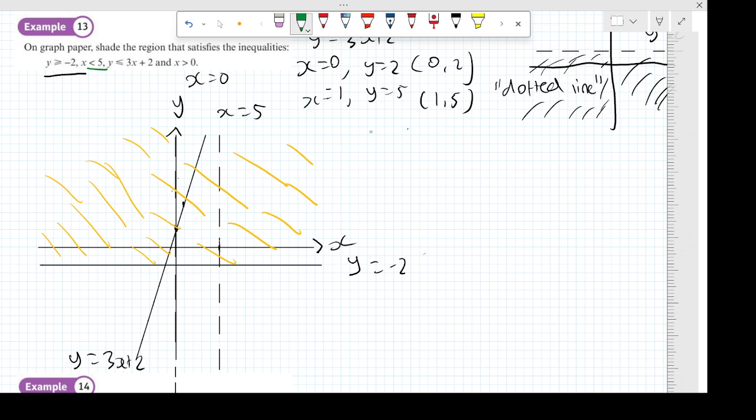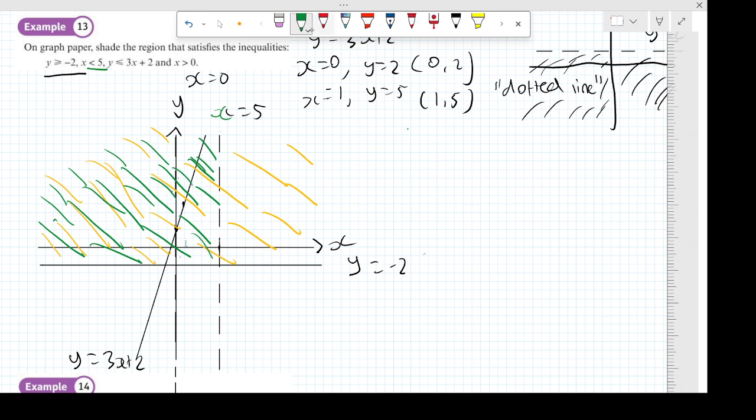So we already want the parts that are in yellow, that I've marked. That's the region we're interested in. But we also want the region that's on the left of this line here because it's less than 5. I'm going to overmark it in green, if that's clear. So there we are. That's the new region we're interested in.